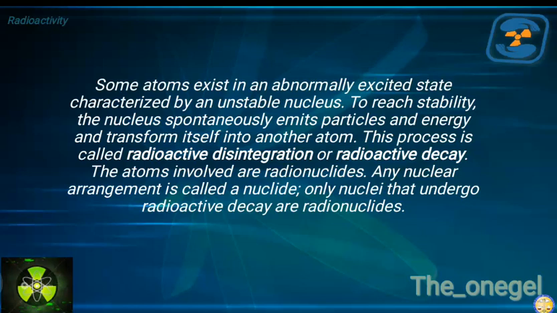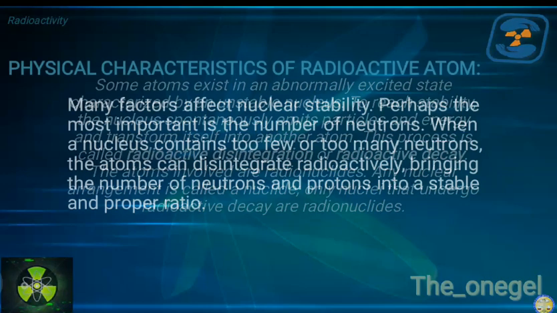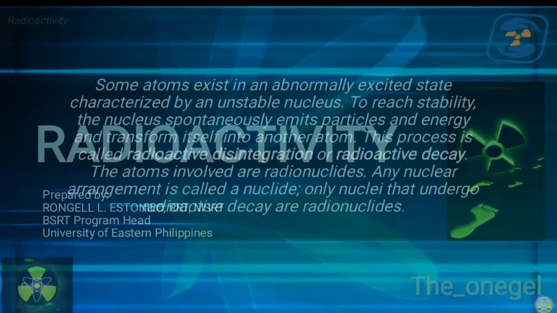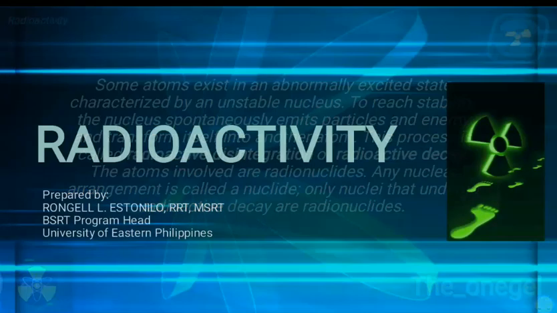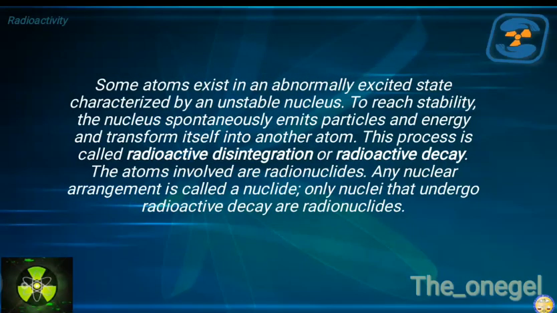Any nuclear arrangement is called a nuclide, and only nuclei that undergo radioactive decay are radionuclides. So, we have the term radioactivity. In other words, radioactivity is a form of a process to attain stability.